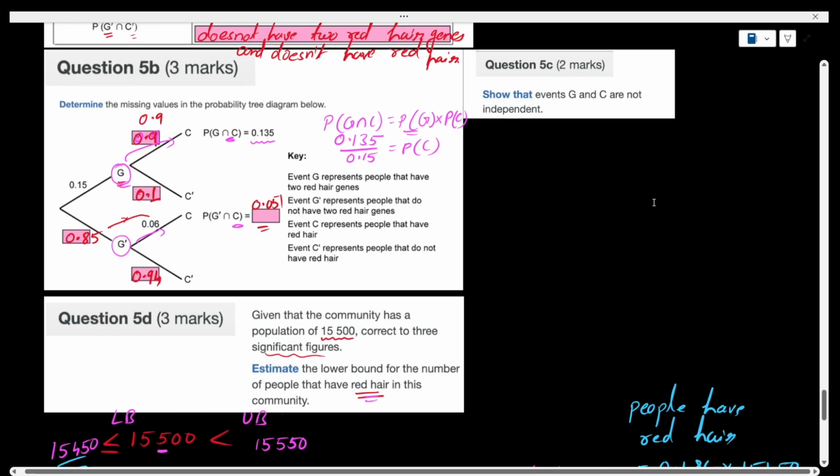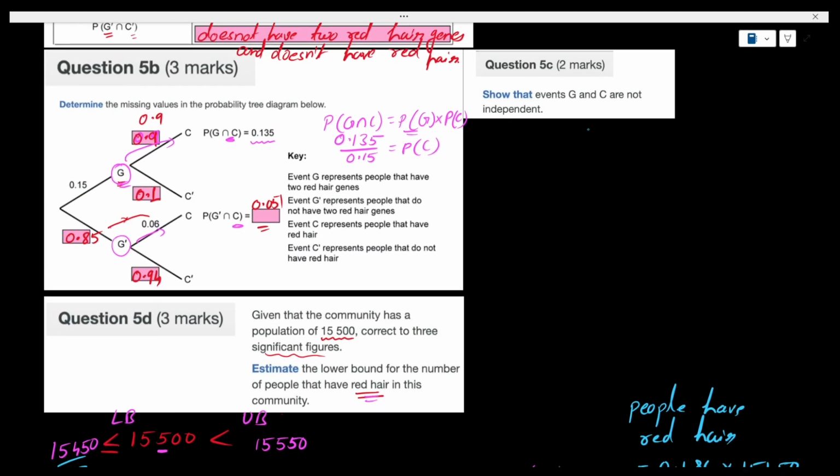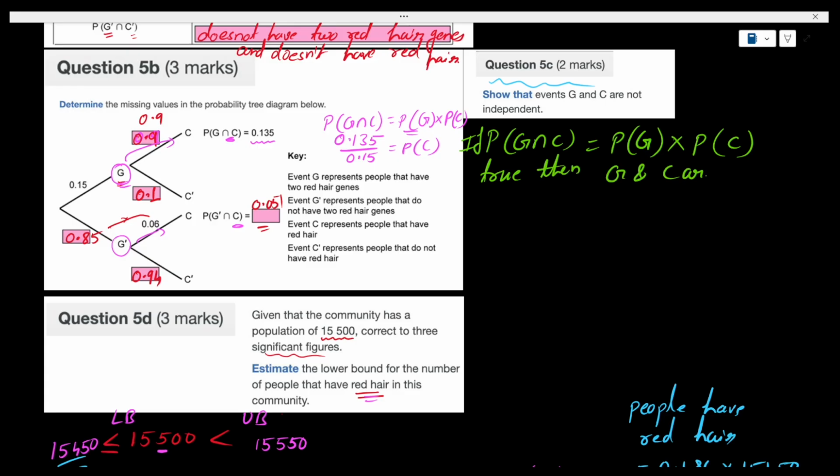Here we left the 5C question. There was one more question here. It's a 2-marker question. It says show that G and C are not independent, and you know that to show independence, you have to check if this is true: the probability of G intersection C equals the probability of having two red hair genes times the probability of C. If this is true, then G and C are independent events.